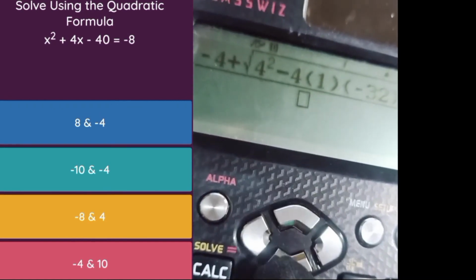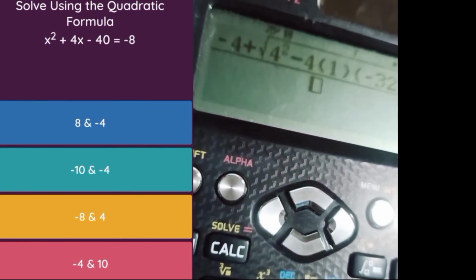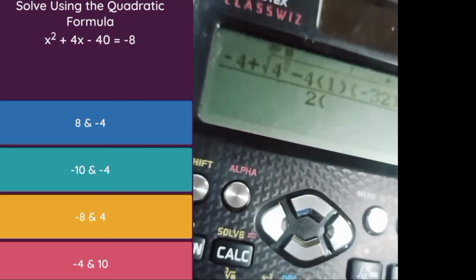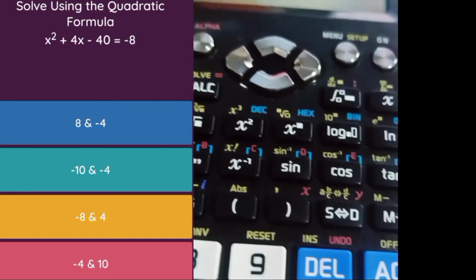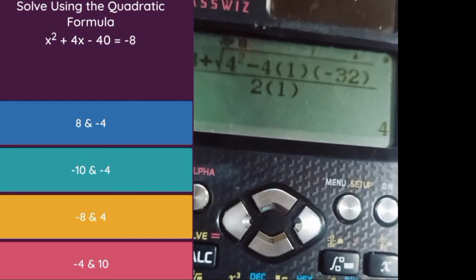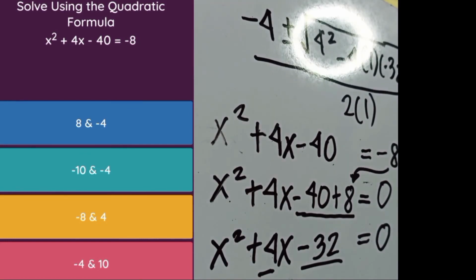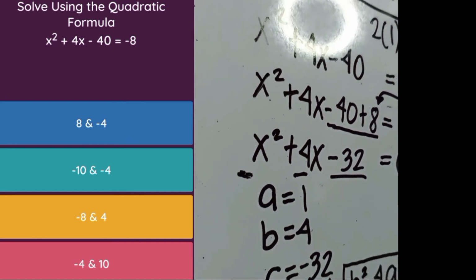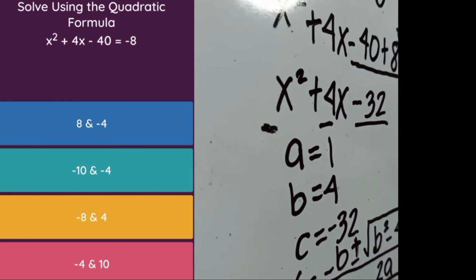That's only the upper side. Let's go now to the lower: 2 times the value of a, which is 1. So we press enter. We have positive 4, so that would be the value of our first root. So we write it down here, which is 4.